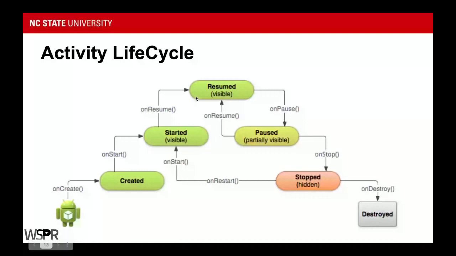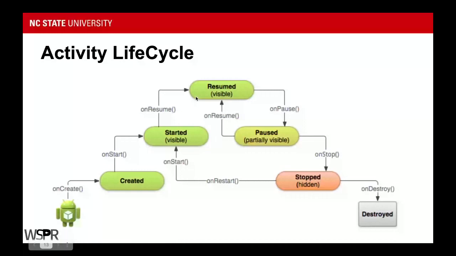When the application is launched, you click the email icon on the home screen. Before you click the email icon, that login activity does not exist. When you click the email icon, the onCreate function of the login activity is called, and that activity goes to the created state.